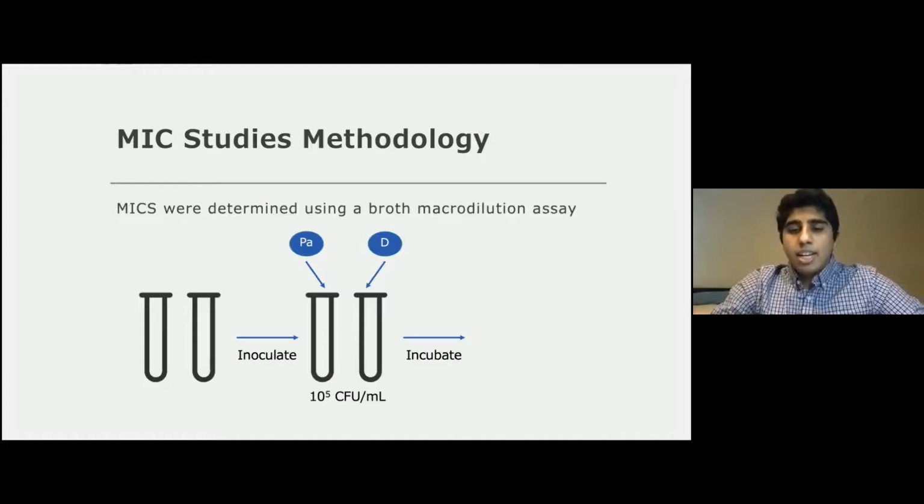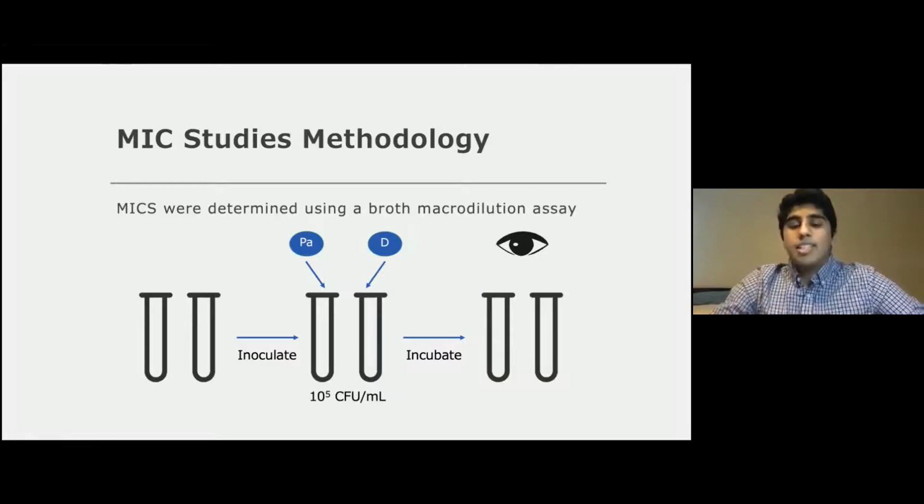Finally, I let these test tubes incubate for 14 days at 37 degrees, and then I tried to see if there was any visible growth of mycobacteria in any of these test tubes. Because an MIC, the acronym for minimum inhibitory concentration, is the lowest concentration at which no visible bacterial growth is present.